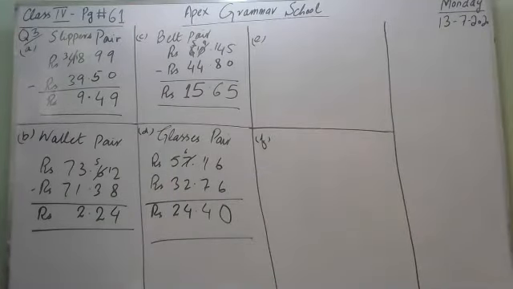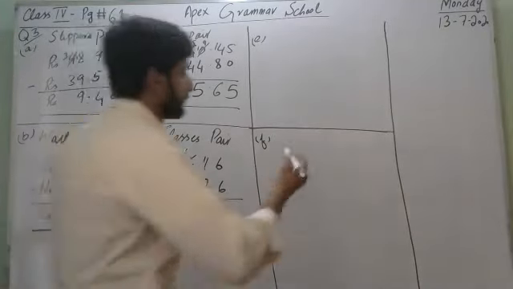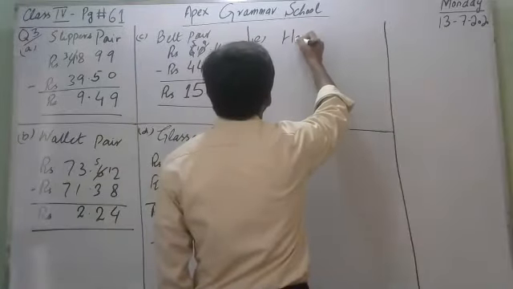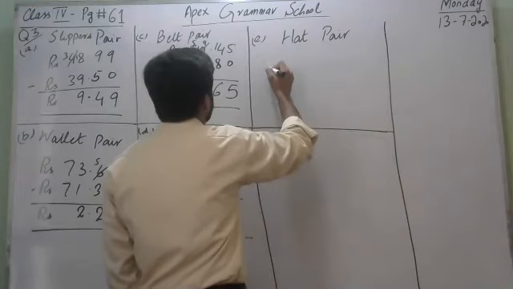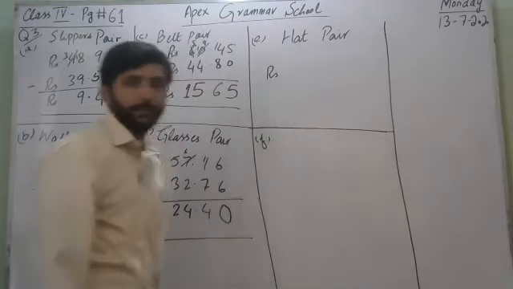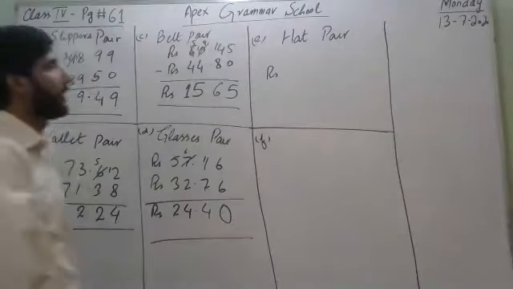E part is hat pair. Price of first hat is 95.34.